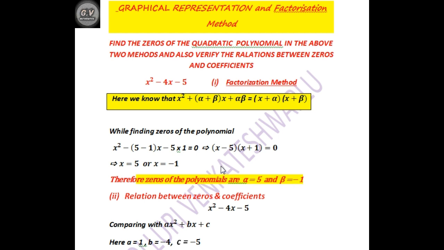Now, to verify the relation between zeros and coefficients: here it is a quadratic polynomial.